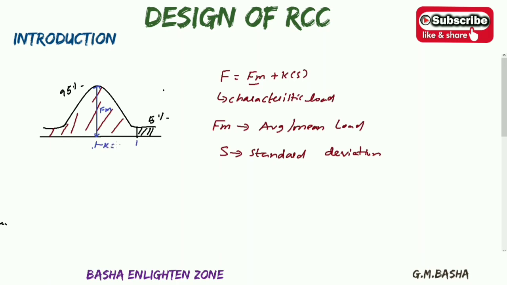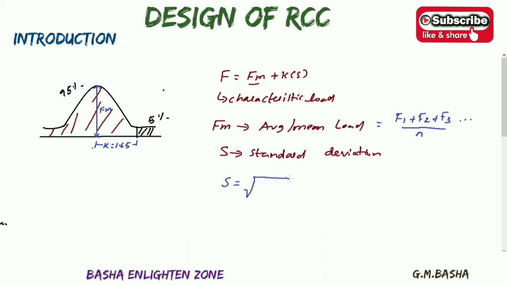This K value equal to 1.65, that is constant. You please remember that K value 1.65. And what about this Fm? This Fm will be equal to the sum of the loads which are given, divided by the total number.